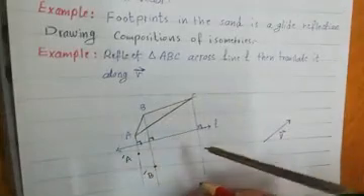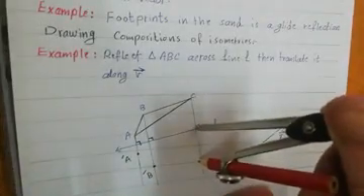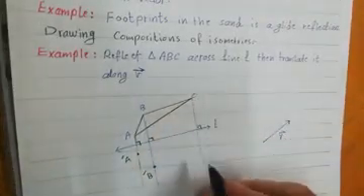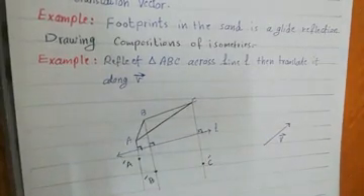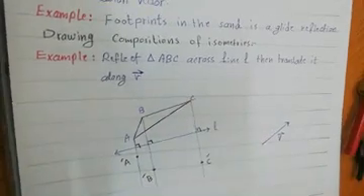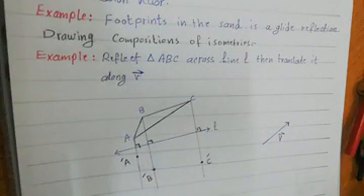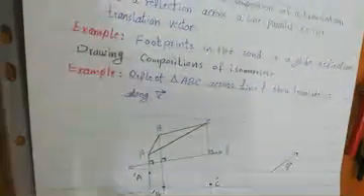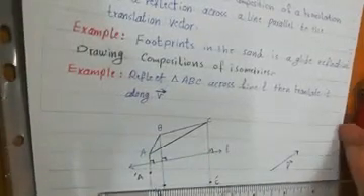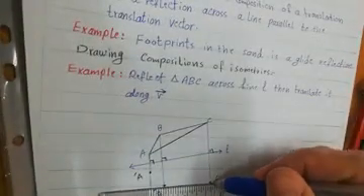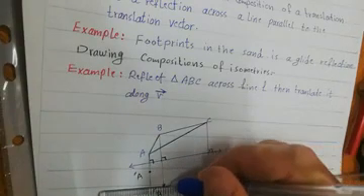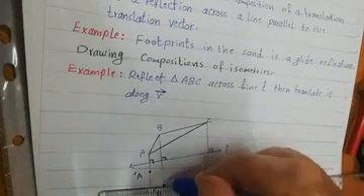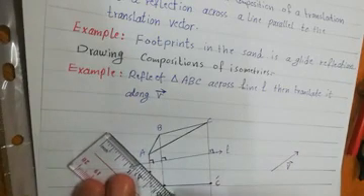Then find it here, I did it before. This is C prime. Then I will connect these three new vertices to get my first image.